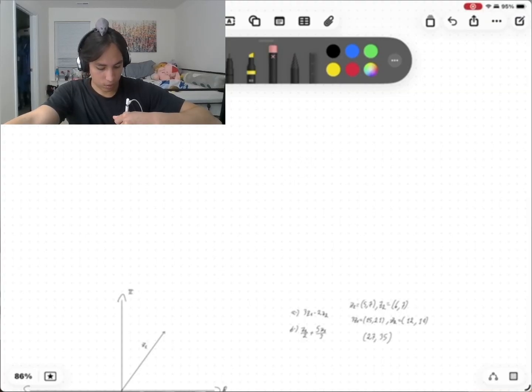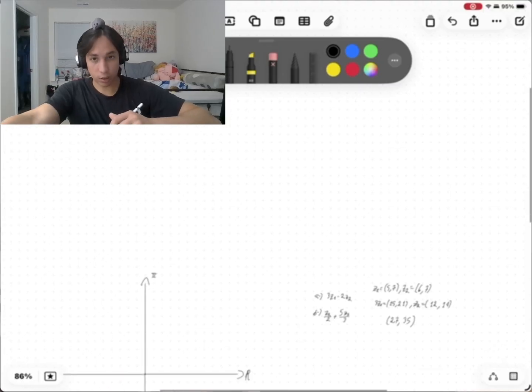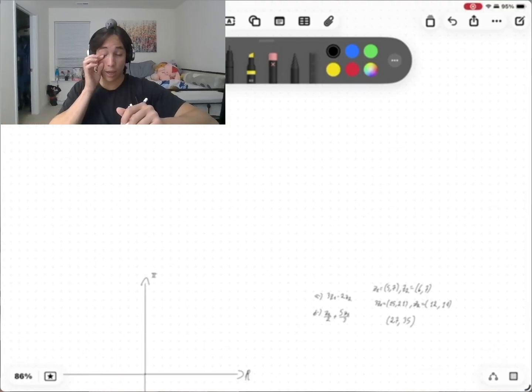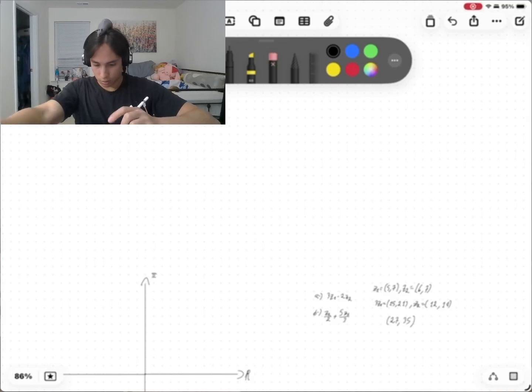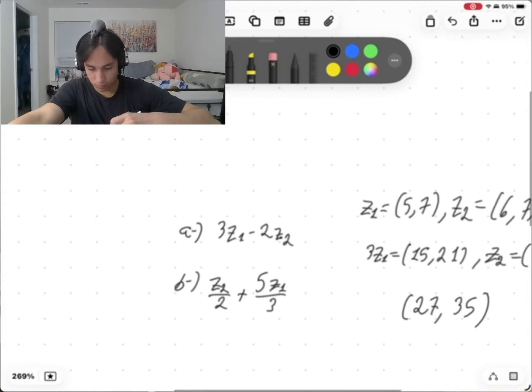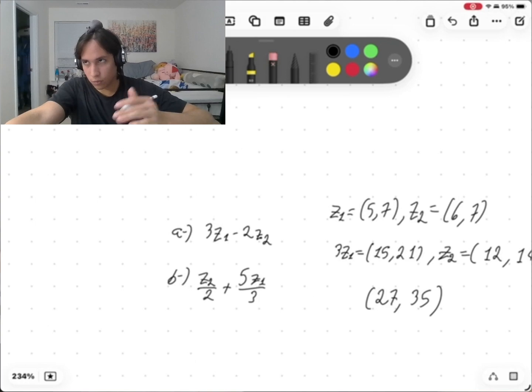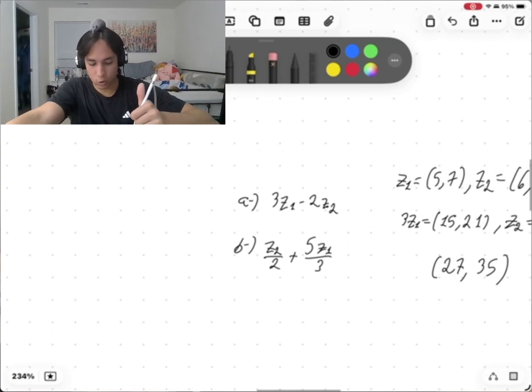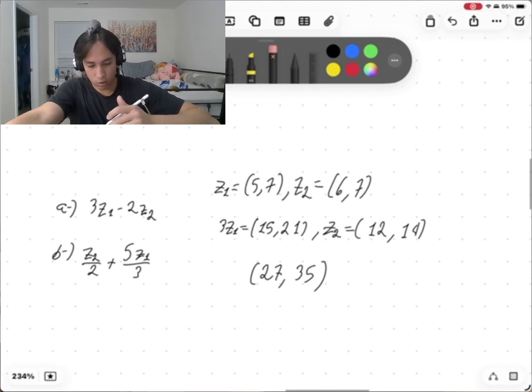I'm going to change the 7 because it's easier to illustrate, to have an accurate representation of the vectors if they're not decimals, right? So 6 times 5 is 30, divided by 3 is 10. Yeah, good.